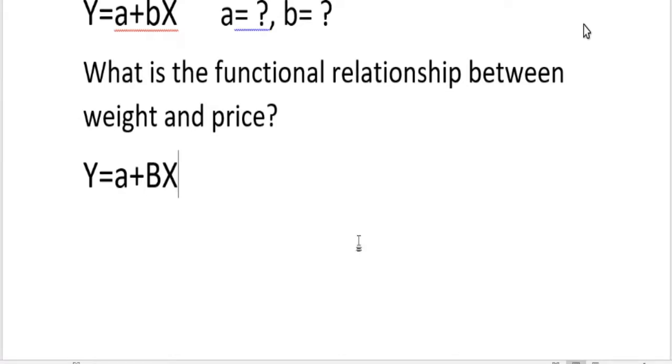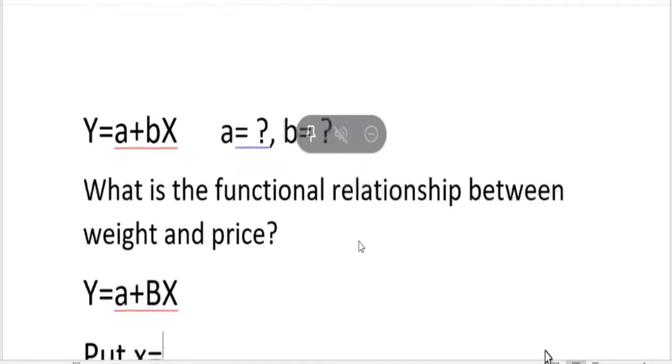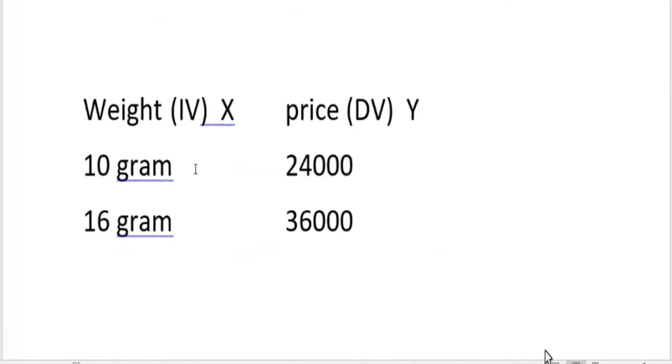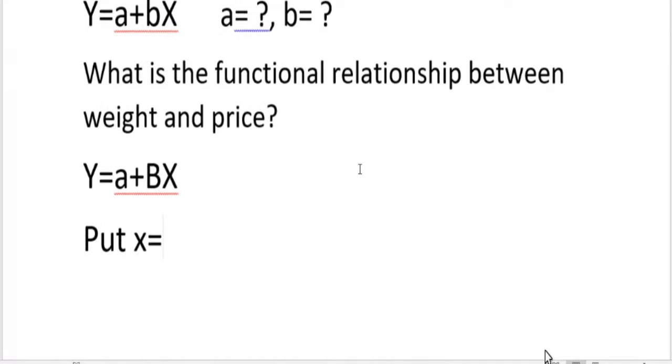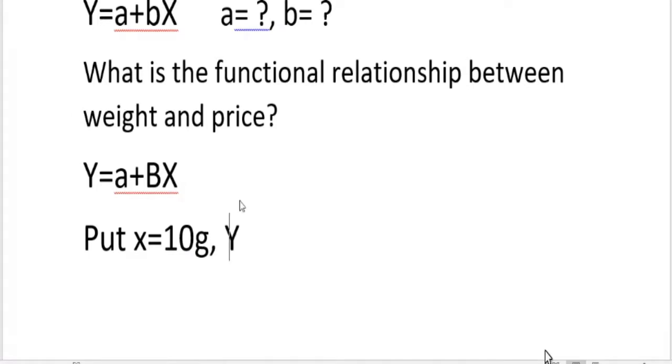Now I want to form the first equation. So to form the first equation, you put x equal to the first value. We have taken x is 10 gram and y equal to 24,000. So put x equal to 10 gram, and y equal to the corresponding value, 24,000 rupees.